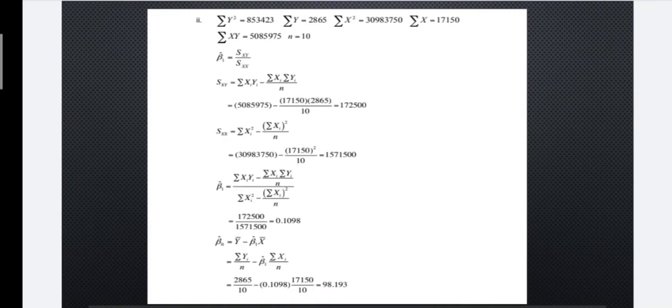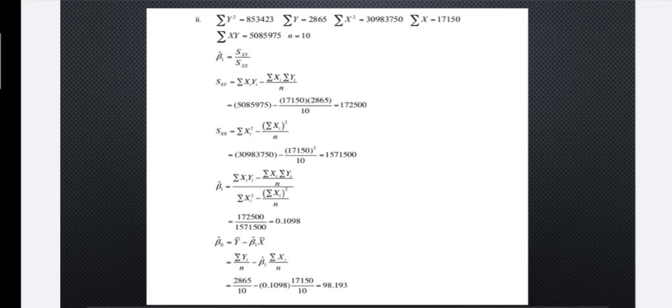Okay, you should try this. Mesti kena try yang ni supaya you boleh apply nanti. Okay, kena try dapatkan all the summation and then apply the formula. Formula kena ingat. Okay, you also can check the value of beta 0 and beta 1 after you calculate using the formula lah.